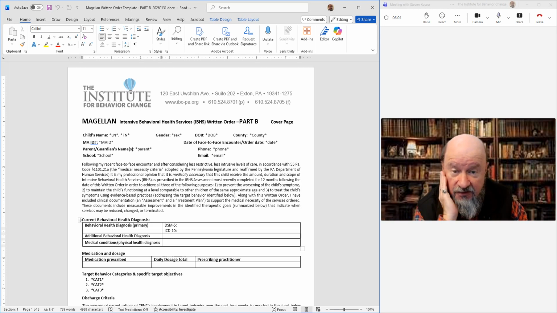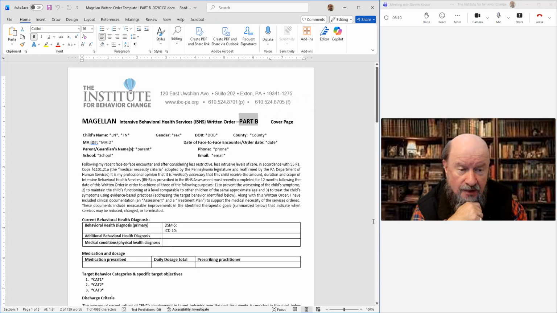So here you have the template for a written order. And this is part B, meaning it's a written order to continue providing services.